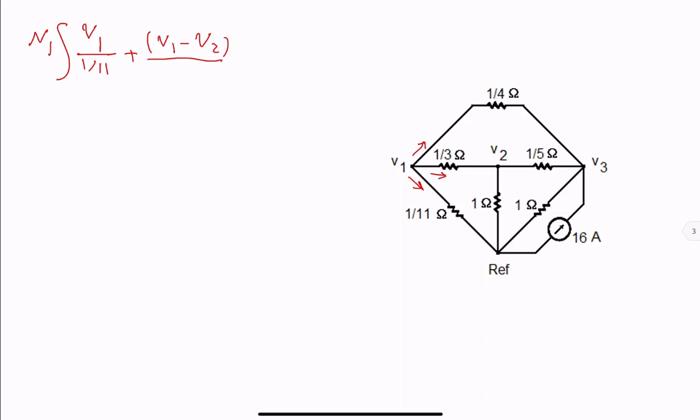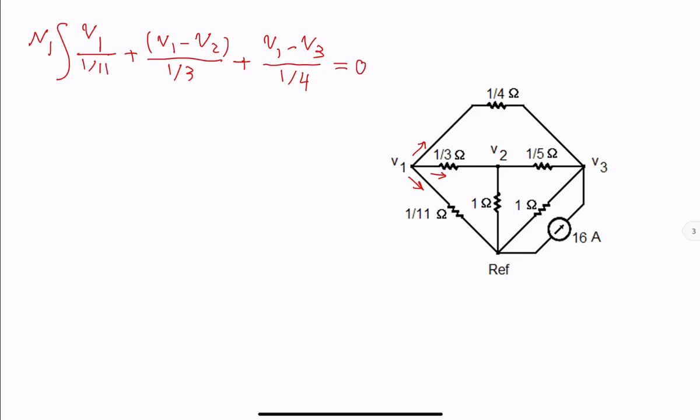Divide that by 1/3. And on the top, voltage with positive on the left, negative on the right is V1 minus V3. And divide that by 1/4. And that sum should be equal to 0.